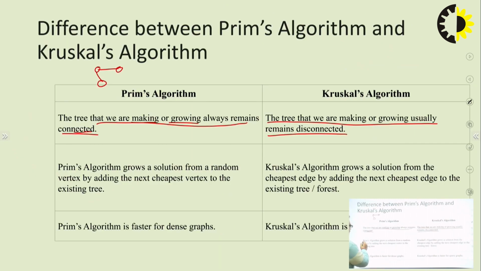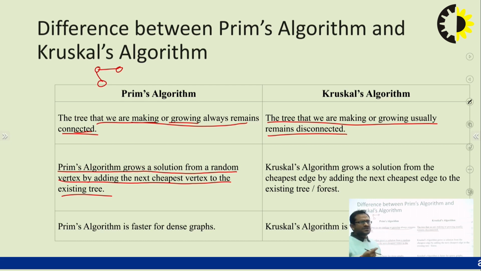Next, Prim's algorithm grows a solution from a random vertex by adding the next cheapest vertex to the existing tree. So in Prim's, the first vertex you select can be random, any vertex you can select, okay? And the next is the cheapest. What is the cheapest?